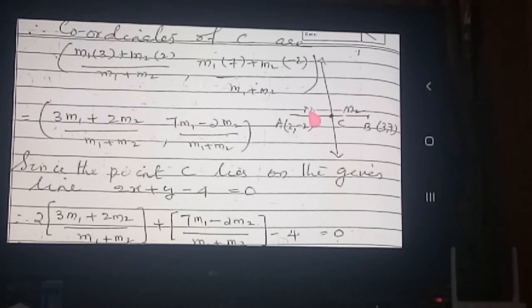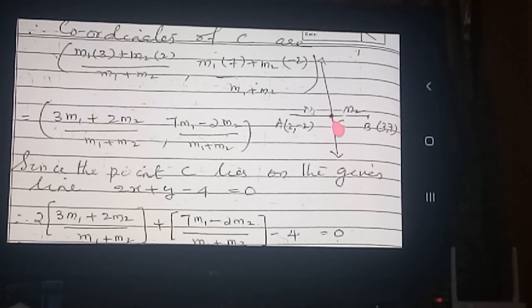So what do you want to find out? The ratio of m1 and m2. So first you find out the coordinates of C. Coordinates of C you will get in terms of m1 and m2 only. So coordinates of C, what did you get here? Which formula are we applying here? The section formula.